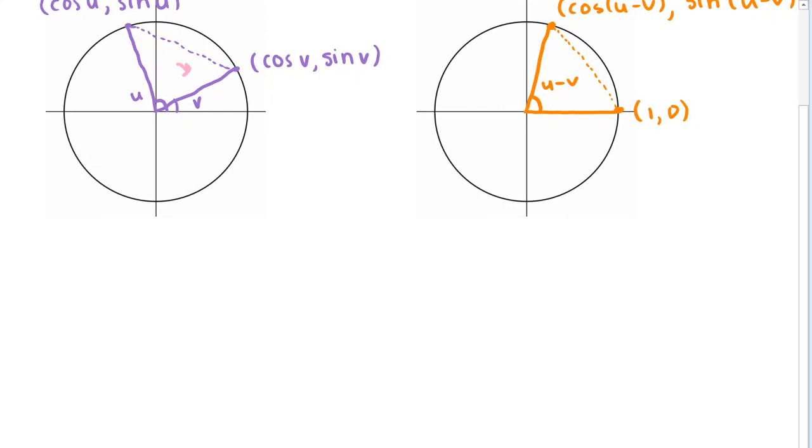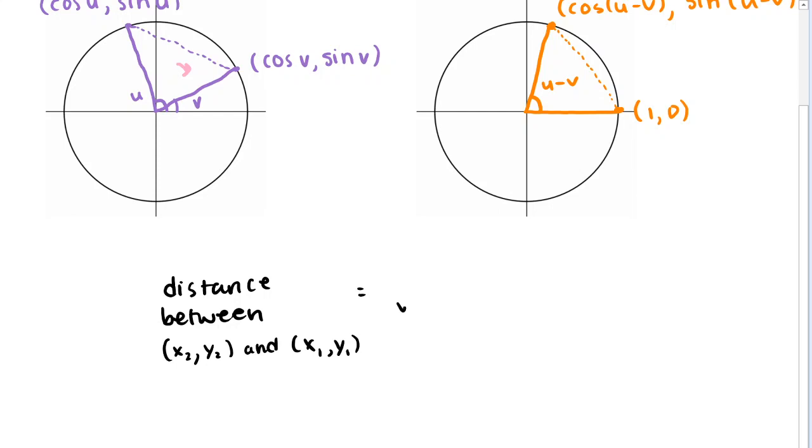Maybe I'll just write a reminder that the distance between 2 points, x2, comma y2 and x1, comma y1, is equal to the square root of x2 minus x1, the difference in their x values squared, plus the difference in their y values squared, summed together.